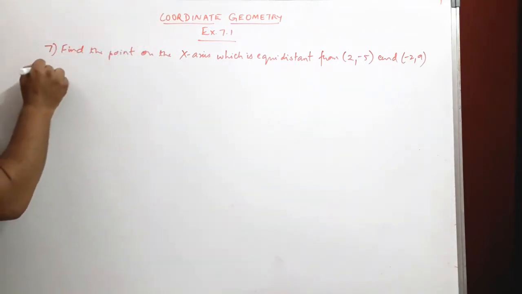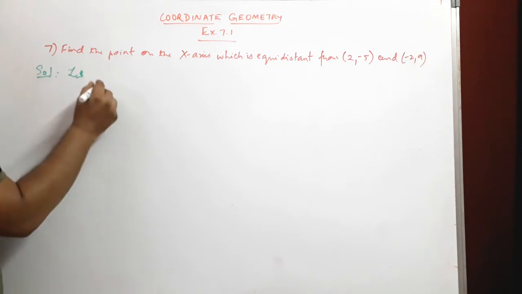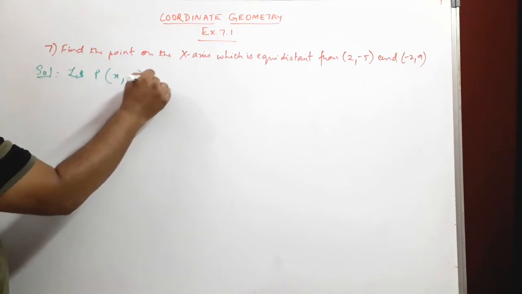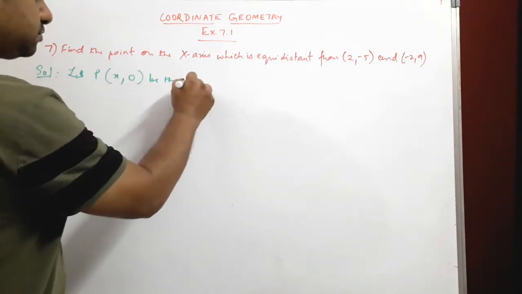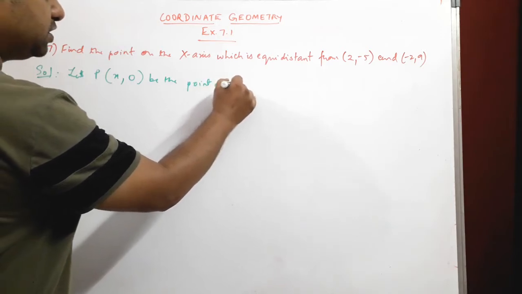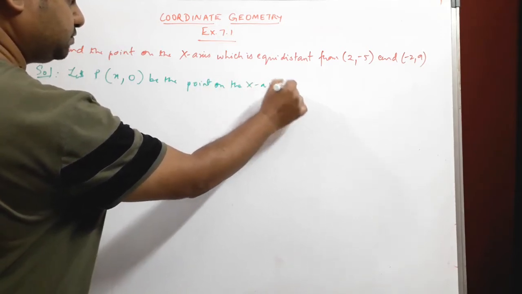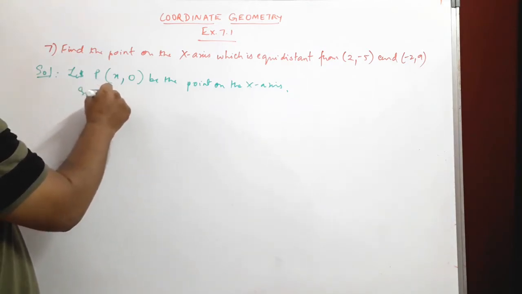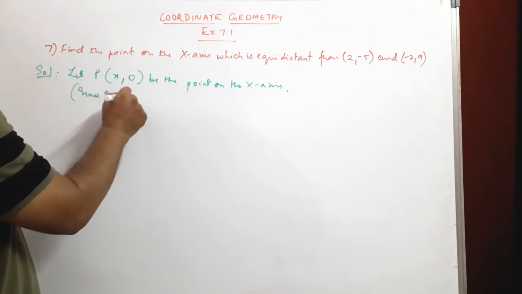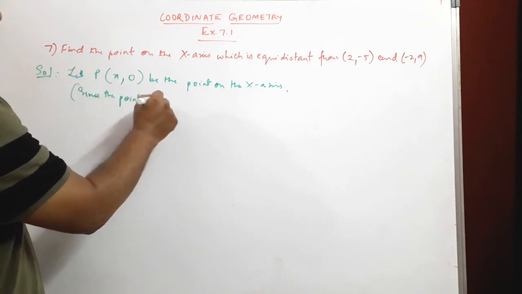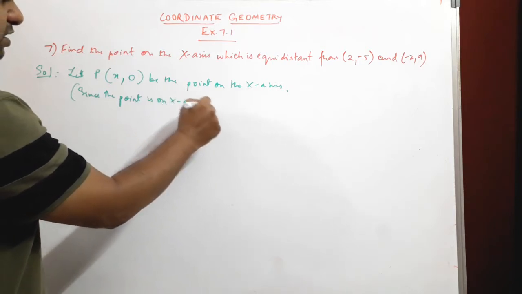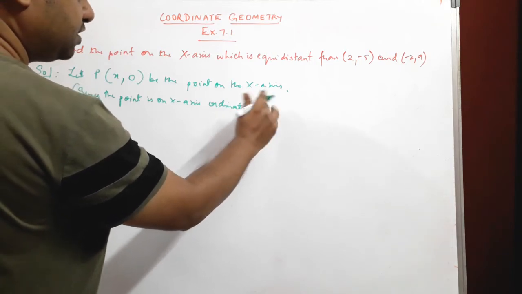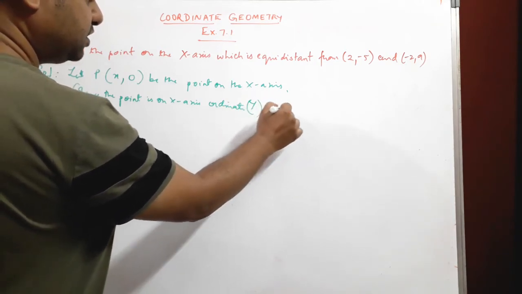We begin solution. Let P(x, 0) be the point on the x-axis. You can make a note in brackets: since the point is on the x-axis, ordinate or y is equal to 0.